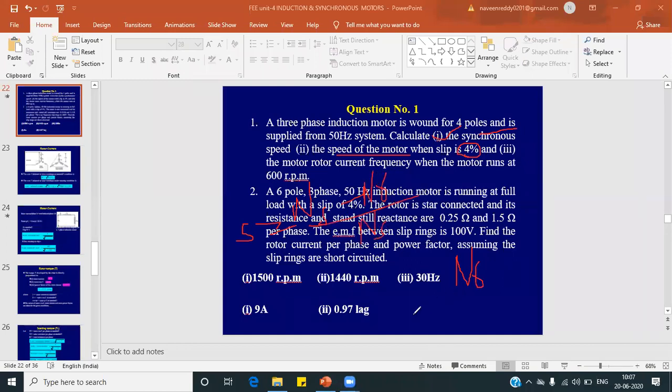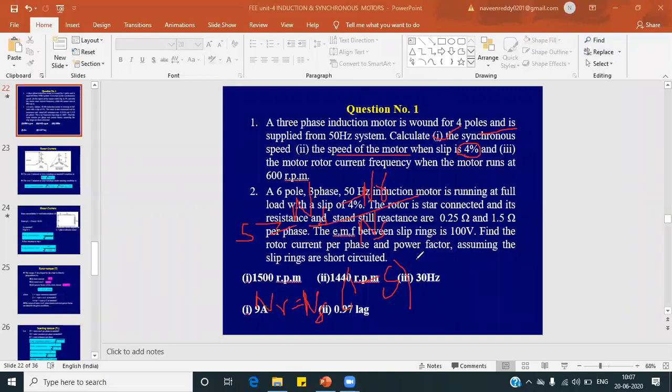So if you rearrange this equation, you will get Nr = Ns(1 - S). Okay, so this is the equation you would get. Now we need to calculate Nr. What is the value of Ns?